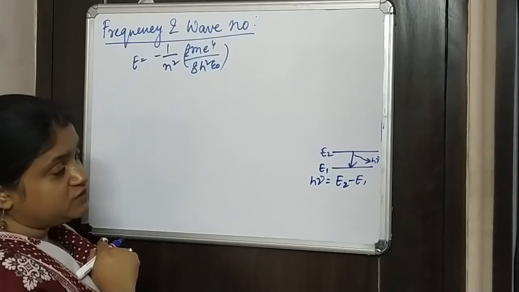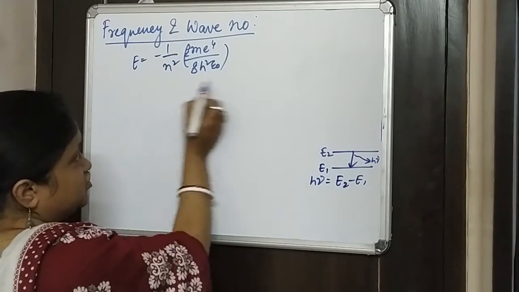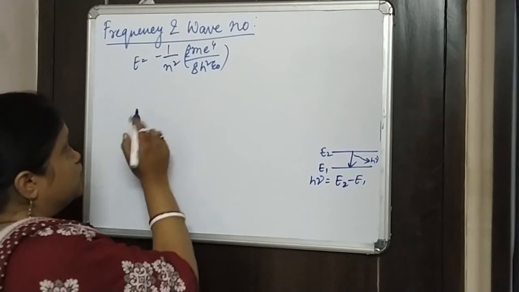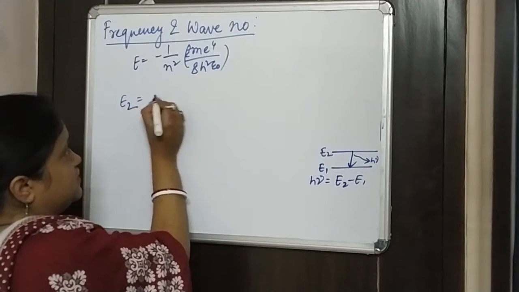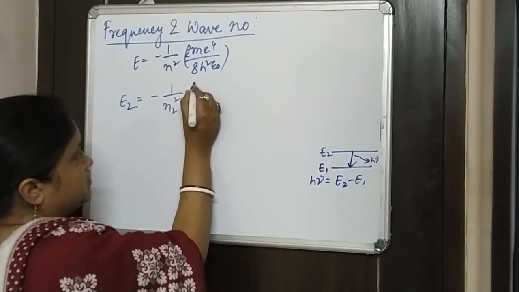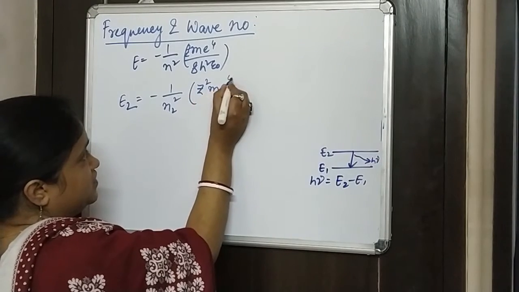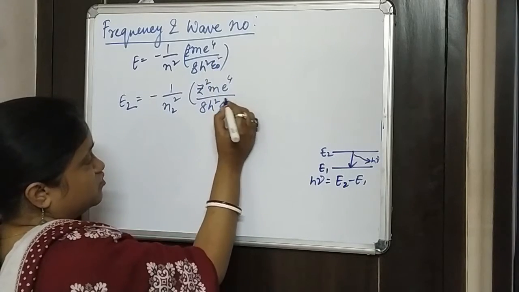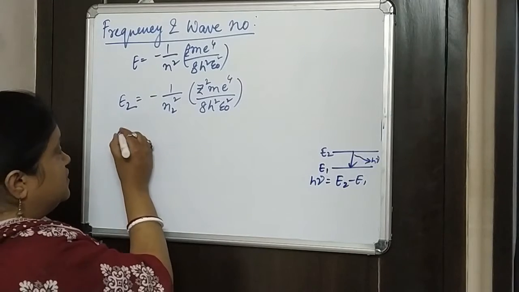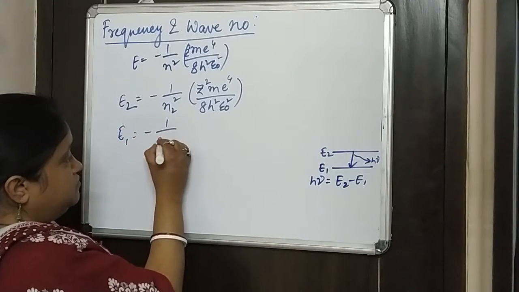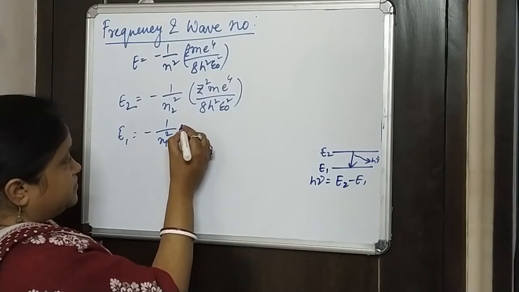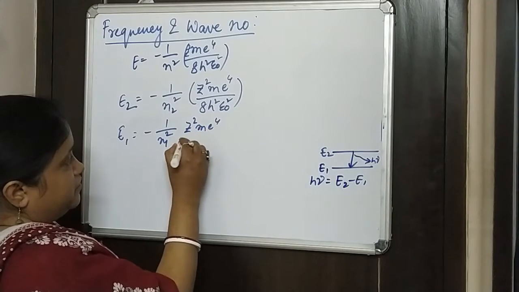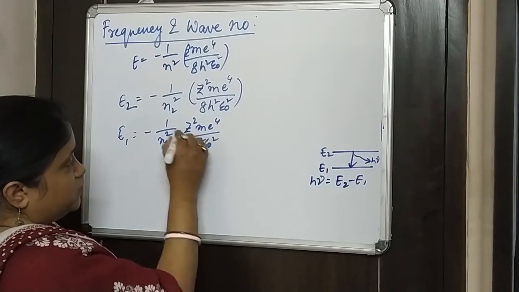Now, as we already know, the energy that we have derived for any atom is given by this. So suppose I have E2, then this will be 1 by n2 square times Z square m e^4 by 8 h square epsilon naught square, and E1 is equal to 1 by n1 square times Z square m e^4 by 8 h square epsilon naught square.